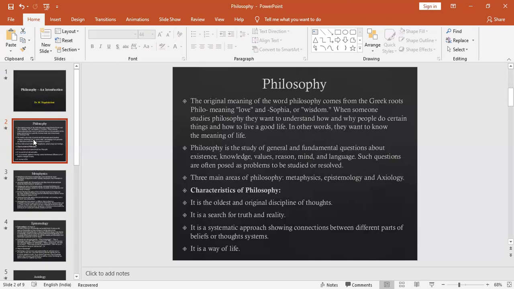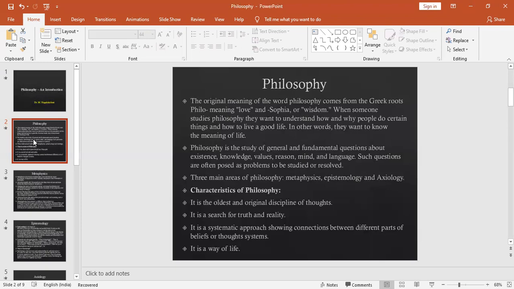So you have to understand what philosophy is: love of wisdom, right? When you trace the origin of the word, it's from Greek. And there are three main branches of philosophy: metaphysics, epistemology, and axiology.